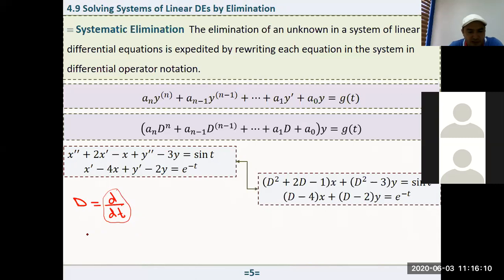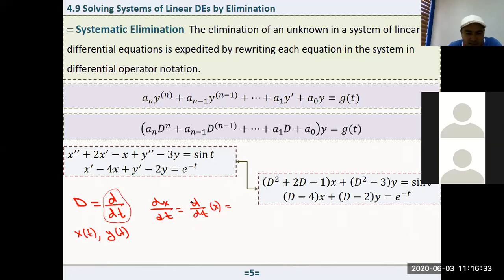Okay. For example, let's say you're given 2 different functions, x a function of t, and y a function of t. How do I write dx/dt using this differential operator? This means that we are differentiating the given function with respect to t, right?